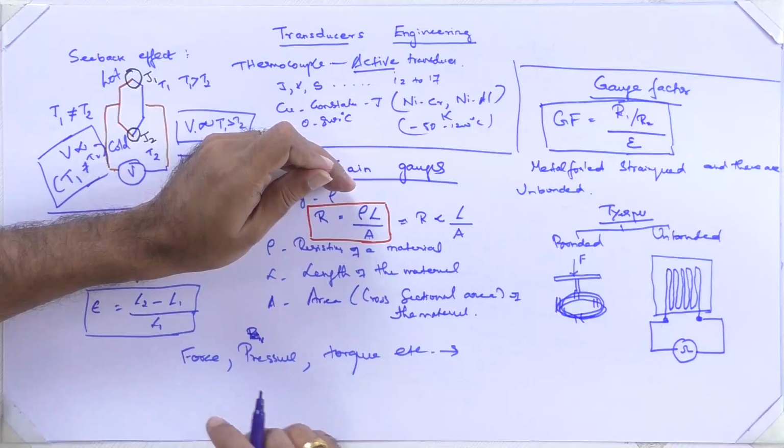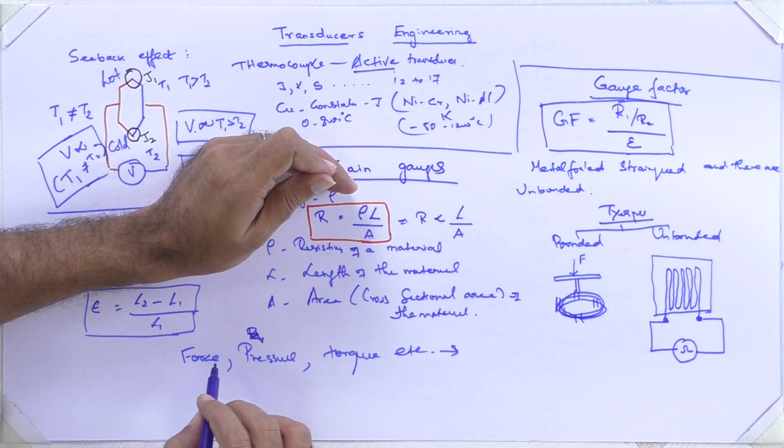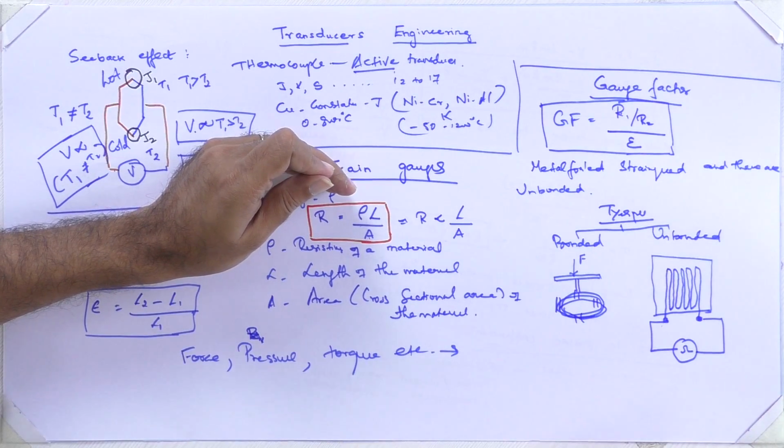Using a single small primary sensing element, you can build different kinds of big sensors, and you will be able to measure different kinds of parameters. These parameters are force, pressure, torque, etc.